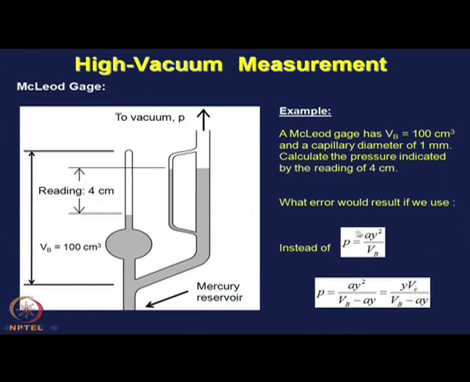In our last class, we derived these equations: P equal to Ay square by Vv, where A is the cross sectional area of the capillary, Y is this length.